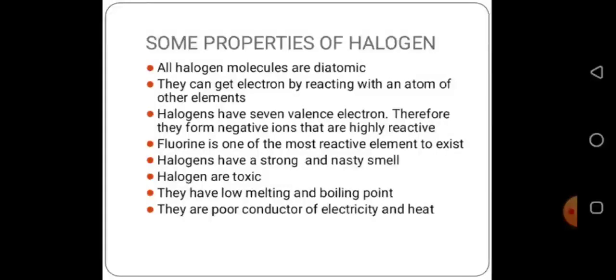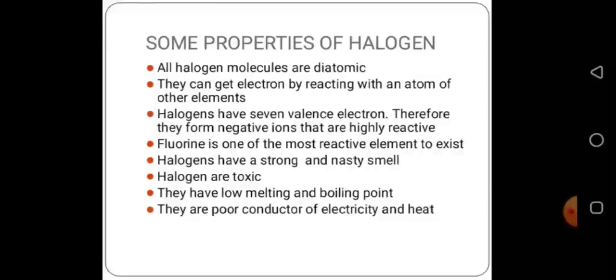Even in organic compounds, when we see an organic compound containing halogen, e.g. fluorine or chlorine or any other, that compound has toxicity. So the toxicity of most organic compounds is due to the presence of halogen.